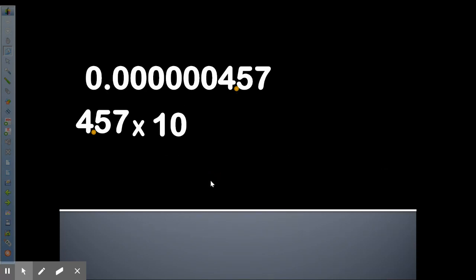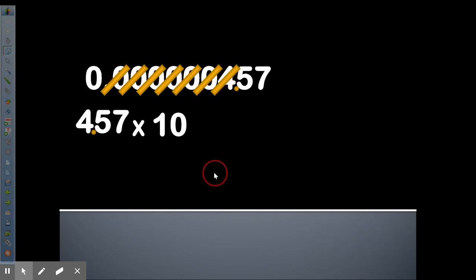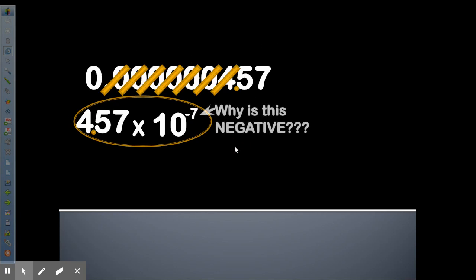So how many times did it move? 2, 3, 4, 5, 6, 7 times. And because this number was originally smaller than the number 1, because it was a very small number, my exponent is negative. So anytime you have a very small number, your exponent is negative. Anytime you have a very big number, your exponent is positive.